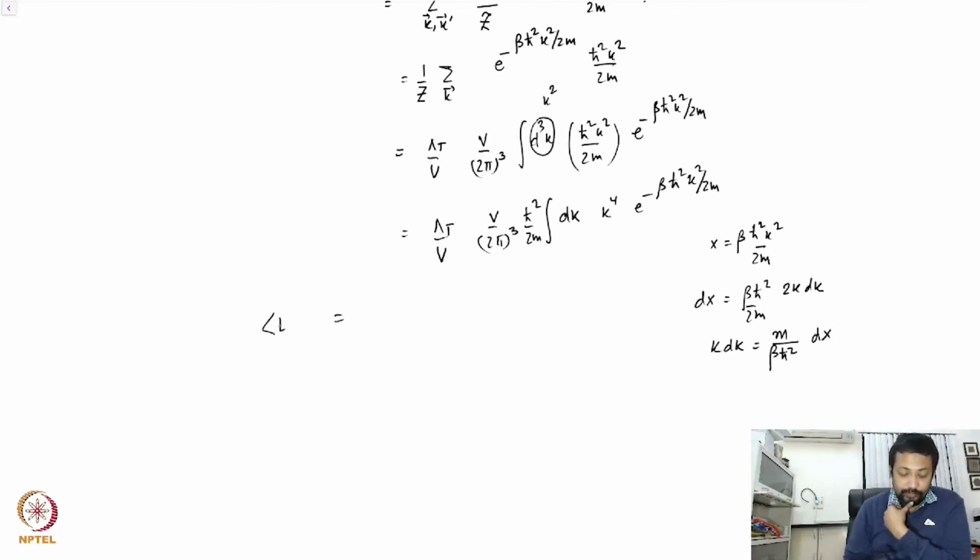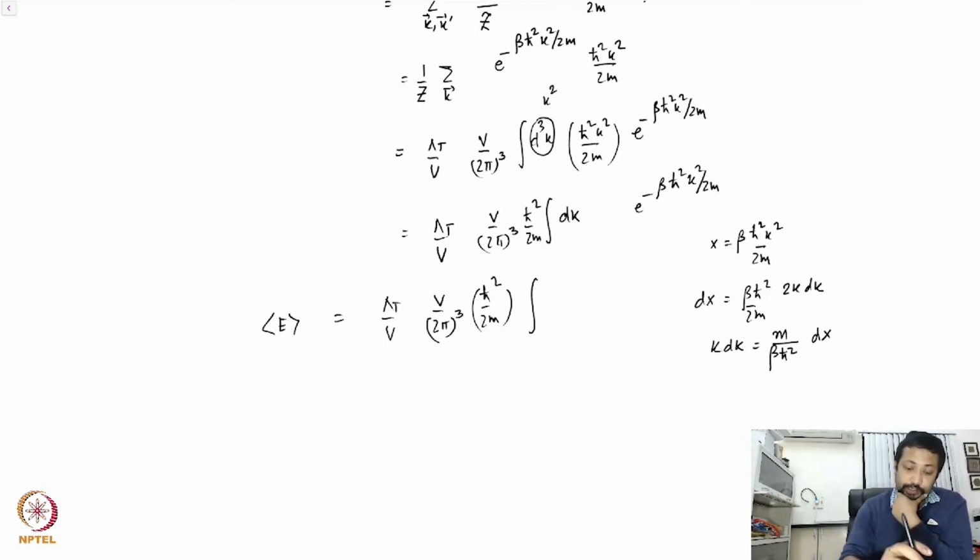So the average of the energy is going to be lambda t over v times v over 2 pi whole cube, h bar square over twice m, integral dk. So I can use it as k dk times k cube, so we will just write it down as k times dk times k cube, and k dk is m over beta h bar square times dx.